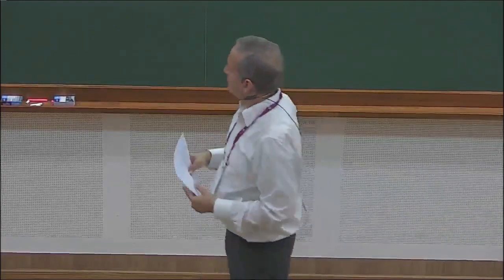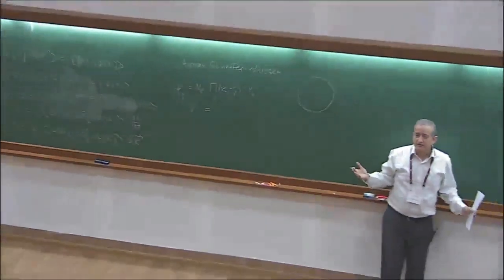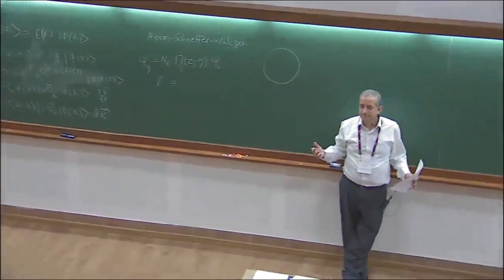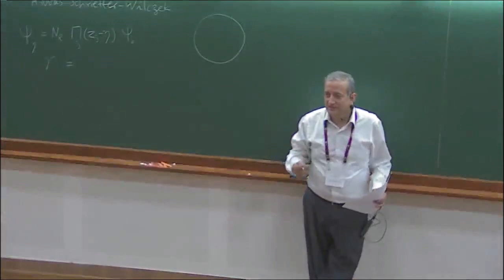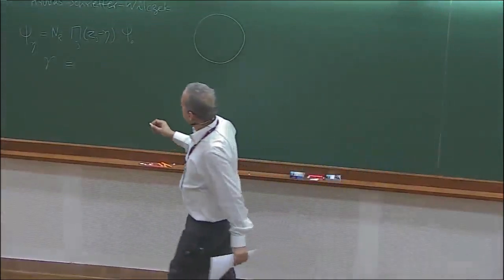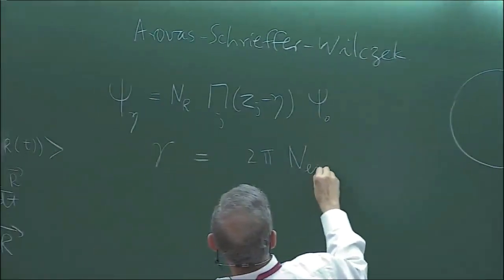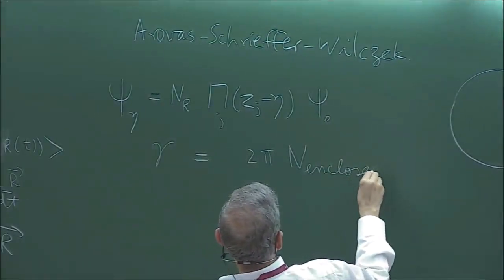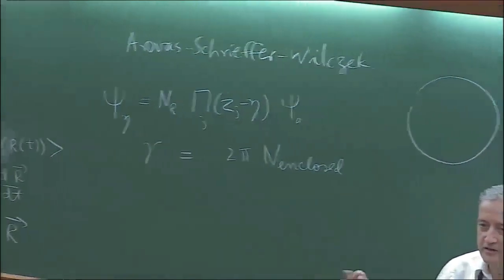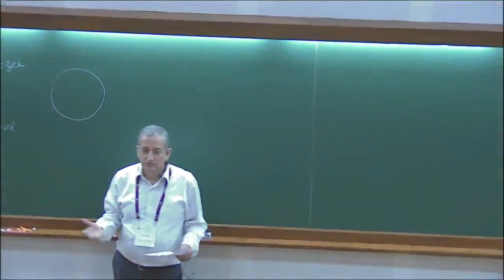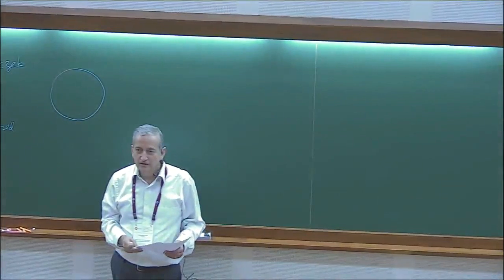So if I am taking eta around this loop, what phase is it going to give me? Exactly. It's going to be equal to the number of particles, so n enclosed times 2 pi. Each particle inside is going to give me a phase of 2 pi. But let me nonetheless do the calculation, because it's a nice little calculation. This is the answer we are going to get.